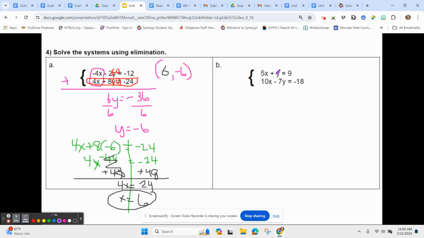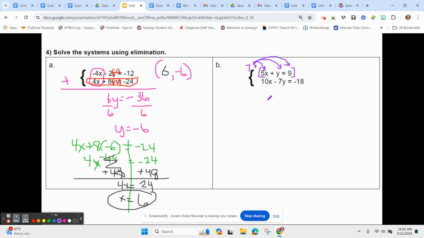Now, in order to do that, I'm going to pick this top equation, and I have to multiply all of it times 7. That way, I can get my y's to cancel out with a positive and a negative 7. So now, in order to balance this, we have to properly equally share or distribute. So I'm going to take times 7, times 7, times 7.